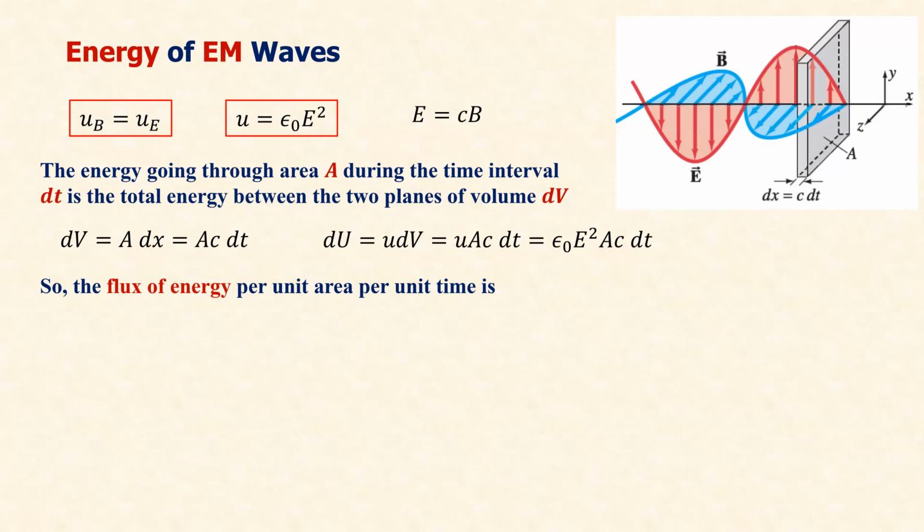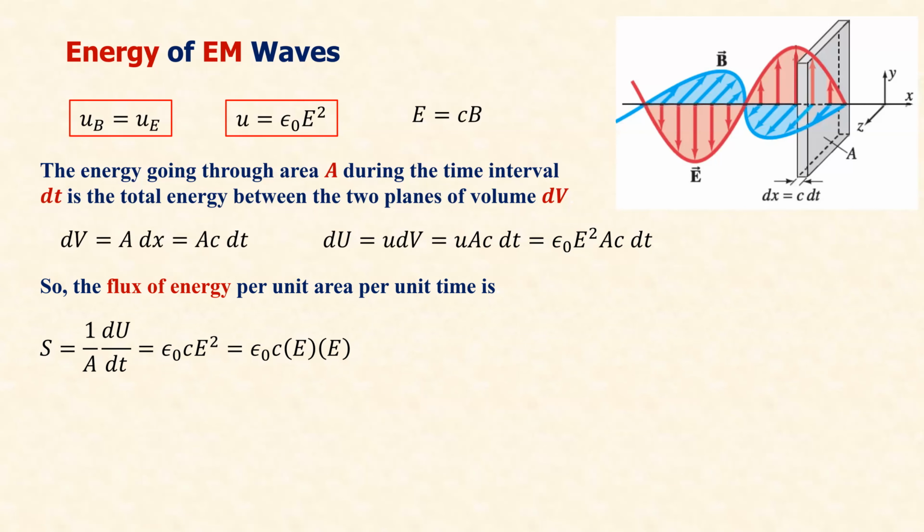And so the flux of energy per unit area, per unit time, du over dt per unit area, is this quantity. We call it S. You see, this was du. If you divide by dt and divide by area, what you get is epsilon naught c E squared. So that's that.